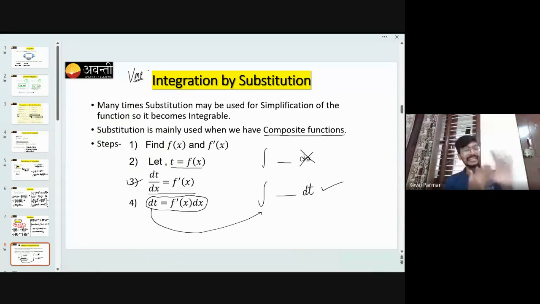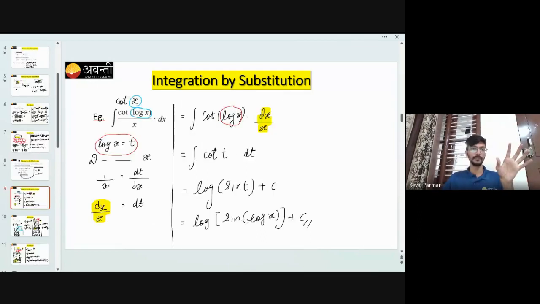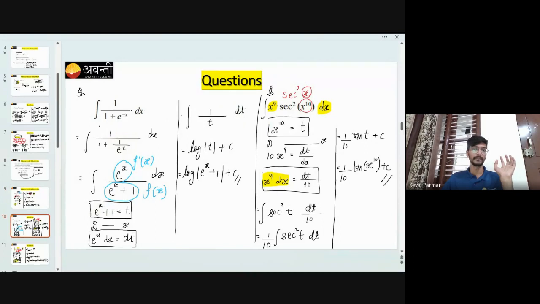If we see any composite function, 100% we need to use substitution. Don't forget that. Got it? Here we saw a composite function and we put it as substitution. This was a very interesting question. Because we know composite function, we have to think about how to use substitution. The next was this.